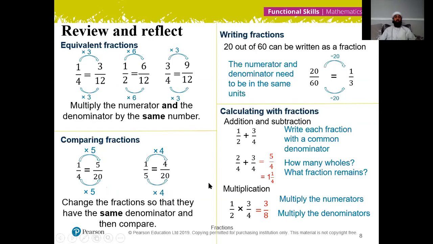Now, there is one part left, and that is dividing. I want to actually show you how to do the dividing.